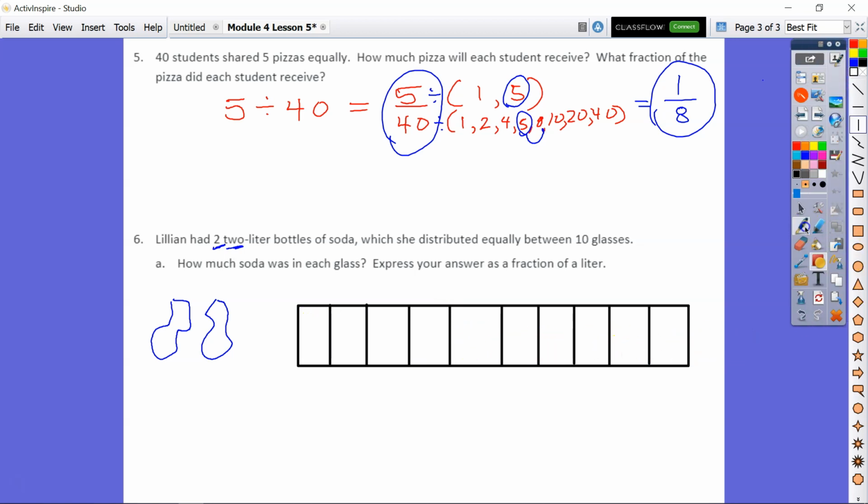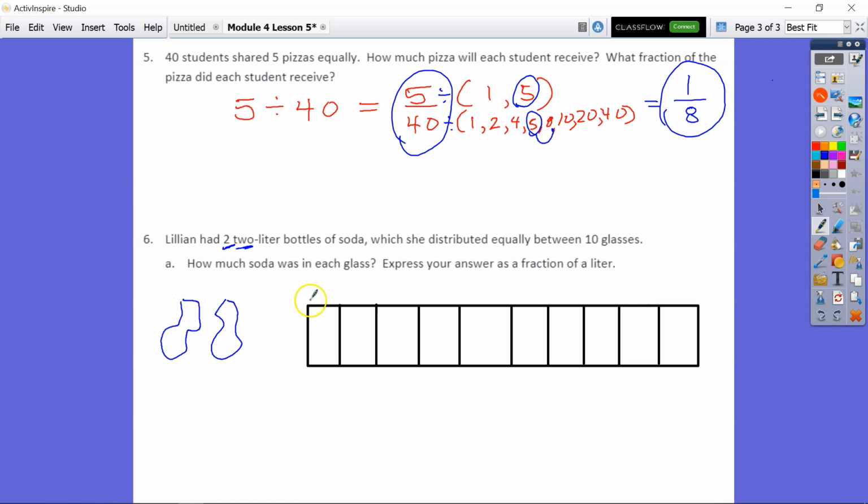Alright? And we know we have 2 liters. So we have a total of 4 liters. That's a cursive L for liters. So we have 4 liters, 2 in this bottle and 2 in this bottle. Now we're going to distribute it among all 10 glasses.